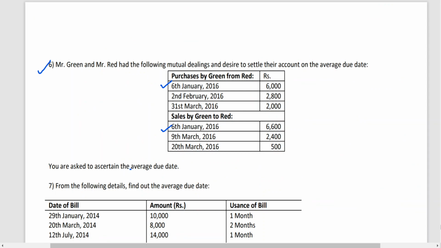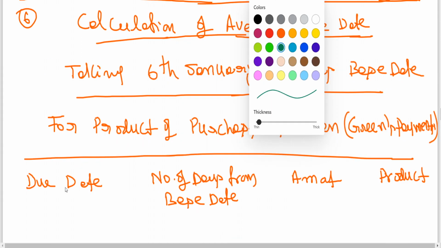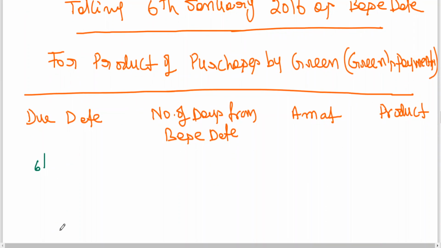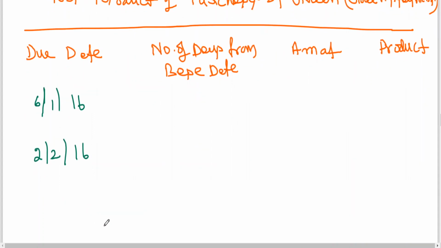We can add 6th January, then followed by 2nd February, 31st March. Here, number of days from base date.